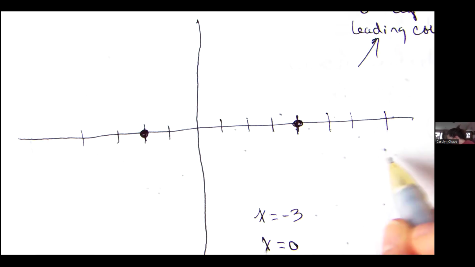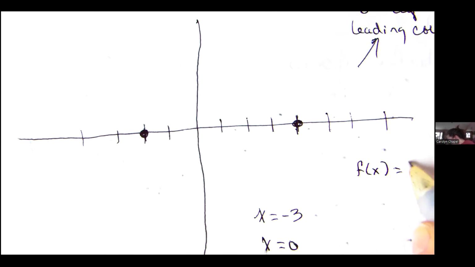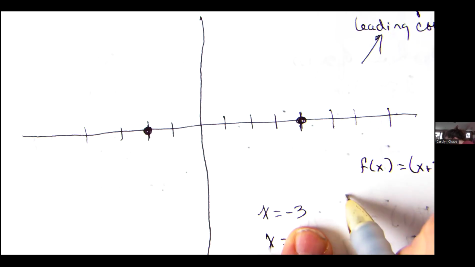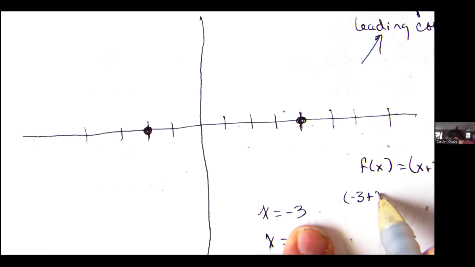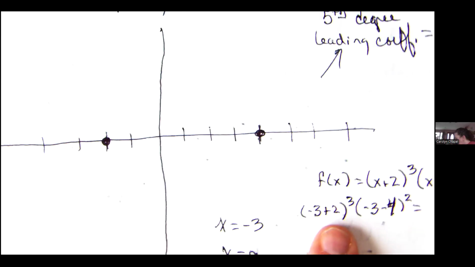And I'm going to put it into my function, which again was x plus 2 cubed and x minus 4 squared. So putting in -3, that's -3 plus 2 cubed and -3 minus 4, sorry, squared. So negative 3 plus 2 is a negative 1.